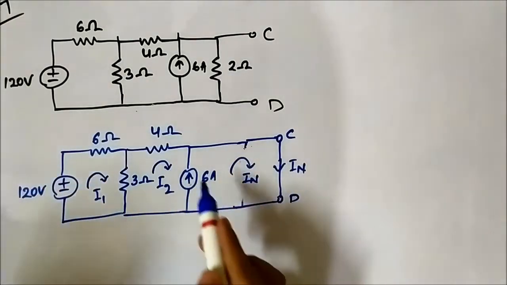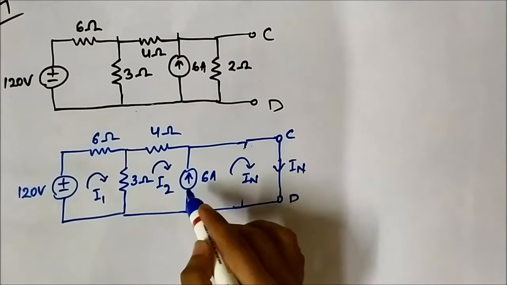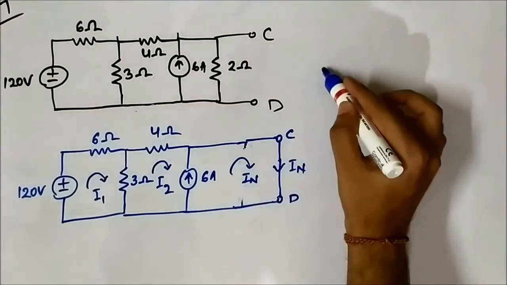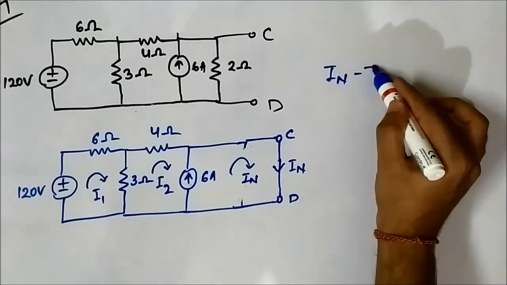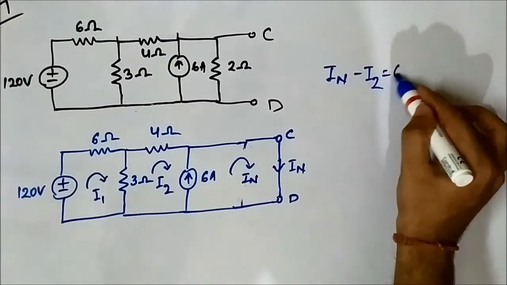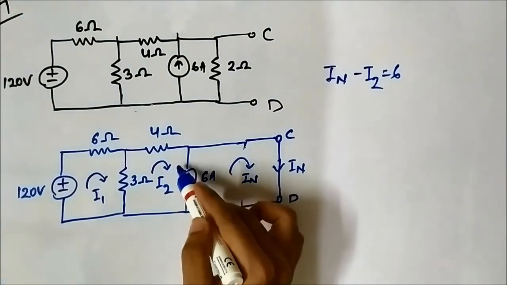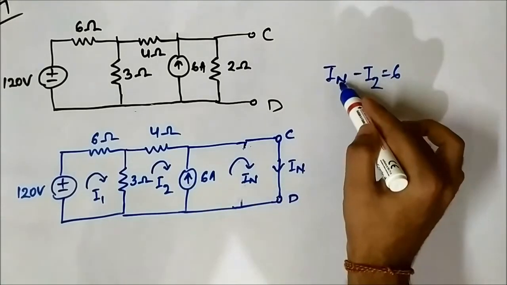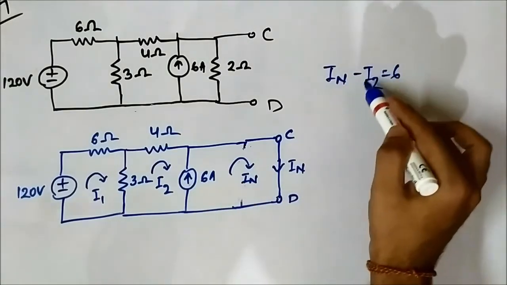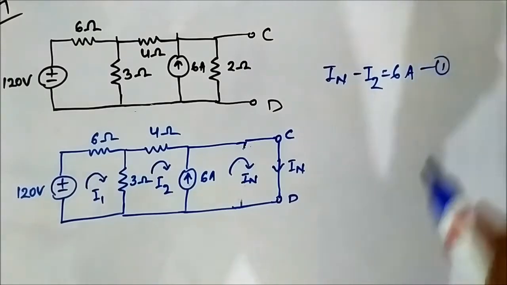Two meshes having a current source in between becomes a super mesh. Another important thing, the auxiliary equation: IN minus I2 is equal to 6. IN is flowing upwards, I2 is flowing downwards. As 6 ampere is going upwards, IN is predominant. So IN minus I2 is equal to 6 ampere. This is the important equation.